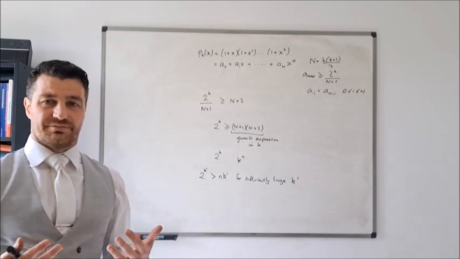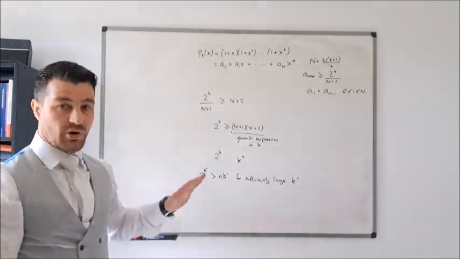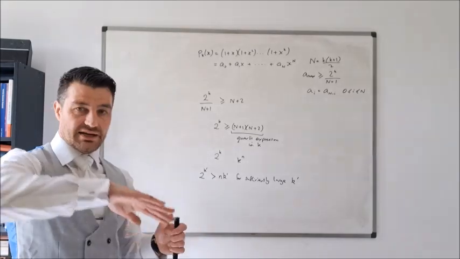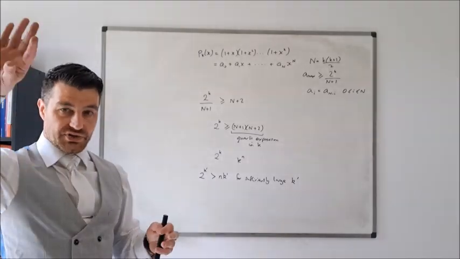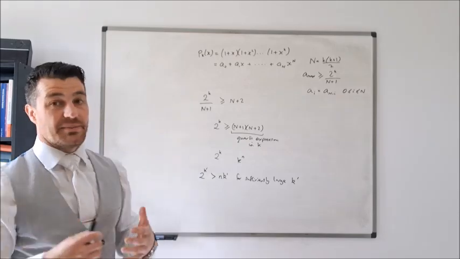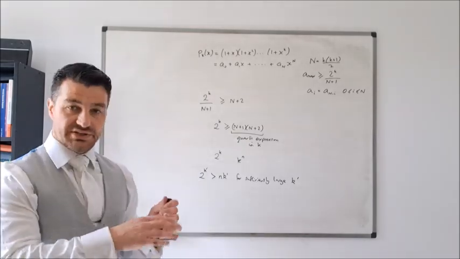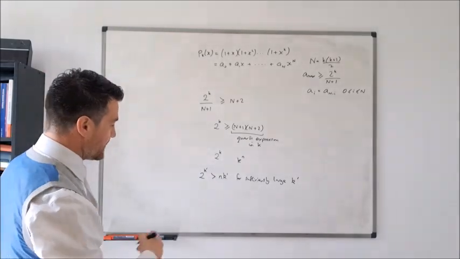Really, I guess that does require some proof as well, but I'm going to take that as a bit more obvious because this is just a straight line and this is an exponential. It seems a bit more obvious that the exponential is going to outgrow the straight line at some point.